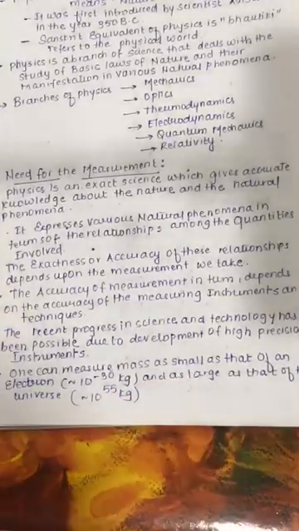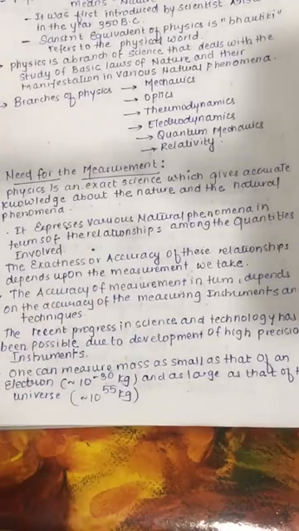See how big it is. 10 power minus 30, extremely small. 10 power 55, extremely large.